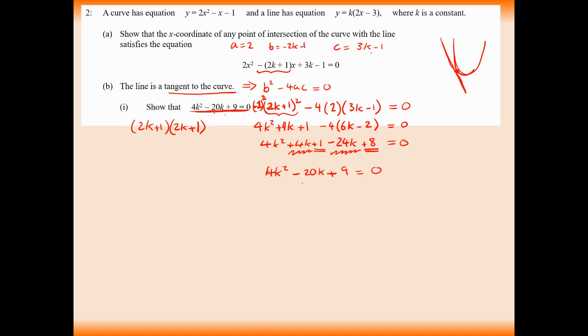Before that, there was no point looking at this answer and trying to manipulate it. Don't try to manipulate the answer when you're being told to show that. You need to go back to the previous part of your question, have a think through what you've been given, and work with the things you've been given.